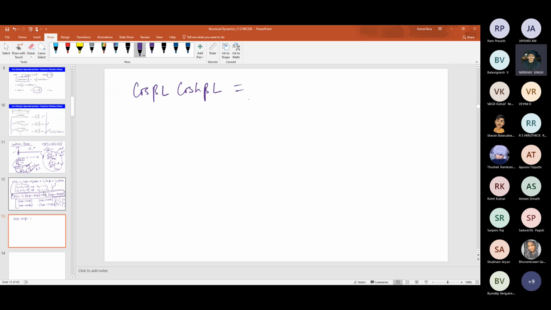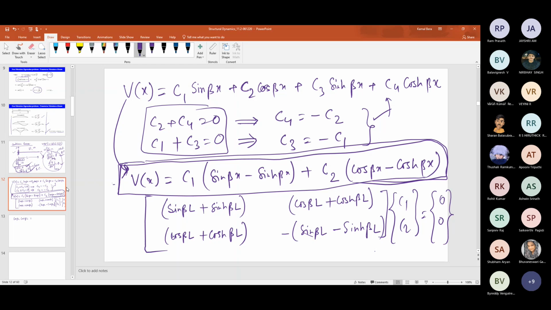0 is not possible because here the 1 I can see: sin square beta L plus cos square beta L. But we'll get the negative also from cos and sinh. So like sin square h beta L minus cos square h beta L, that will come as -1.